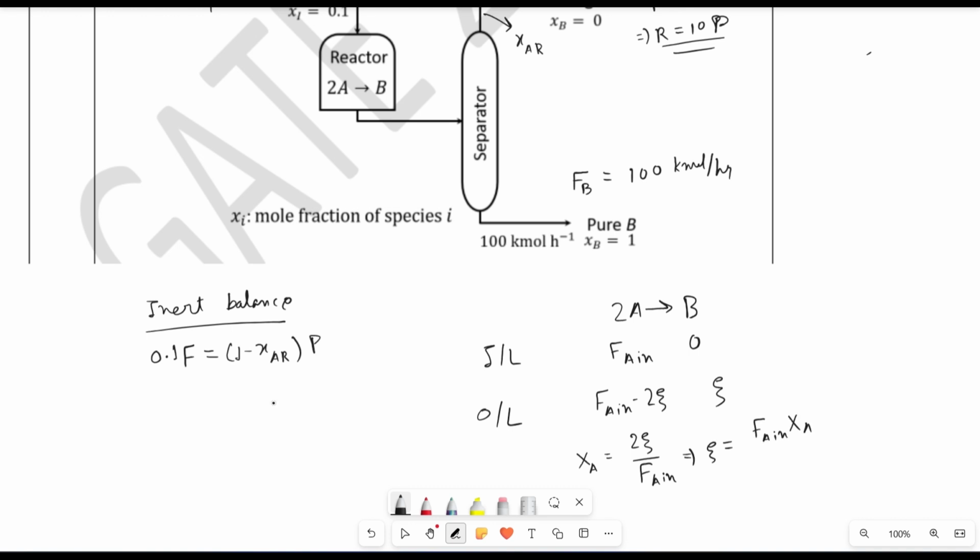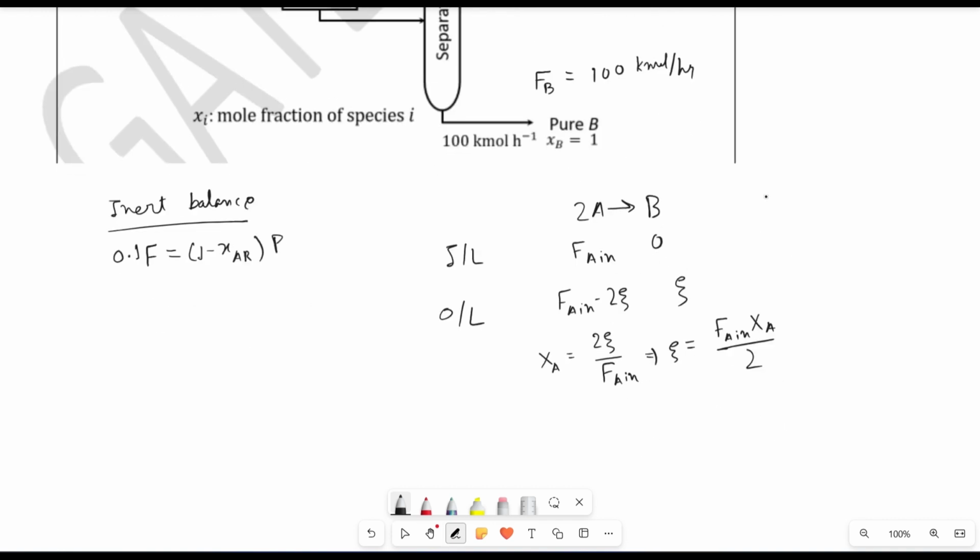The conversion is given as 0.5, or 1 by 2, so zeta is FA in divided by 4. B out is given by zeta, which is 100 kilomole per hour, equal to FB. So FA inlet is 4 times FB, which is 400.